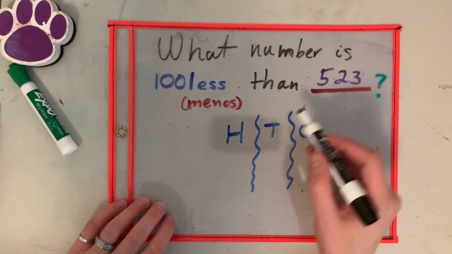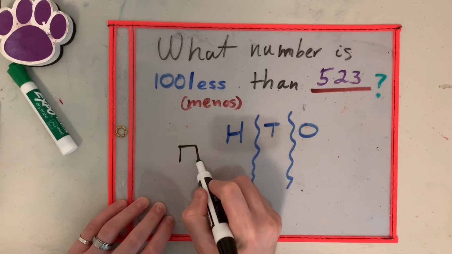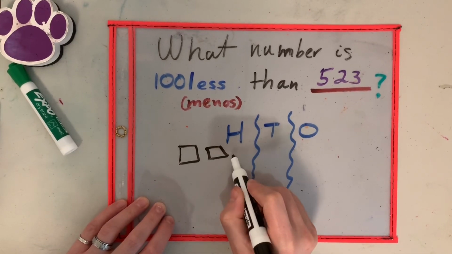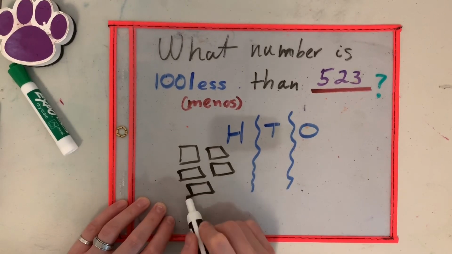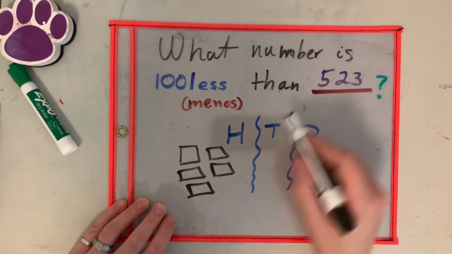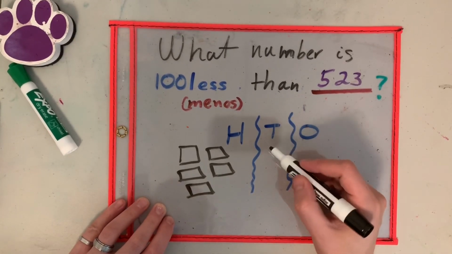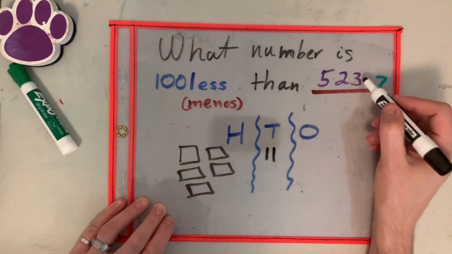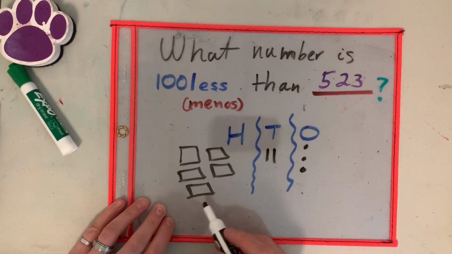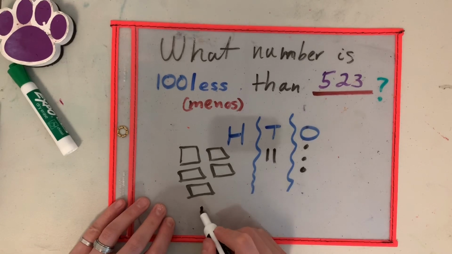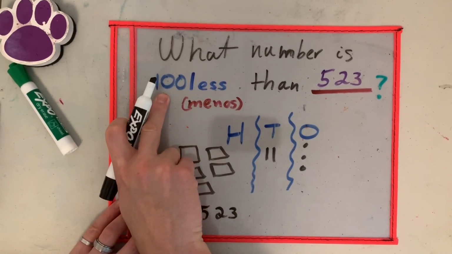So I need to draw again the base 10 block. We have 1, 2, 3, 4, and 5. 500, 500. 2 tens on the tens place. 1, 2, 3 ones. Now I have here 523, but we're doing 100 less.